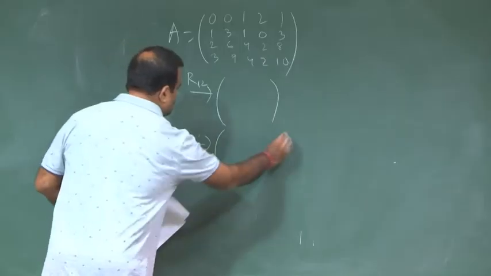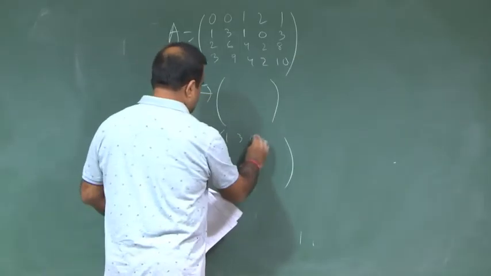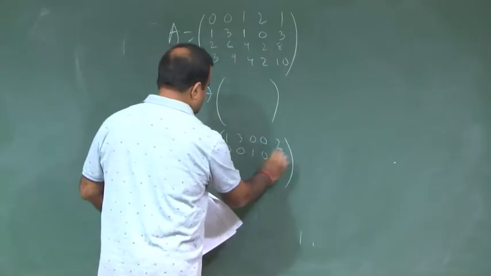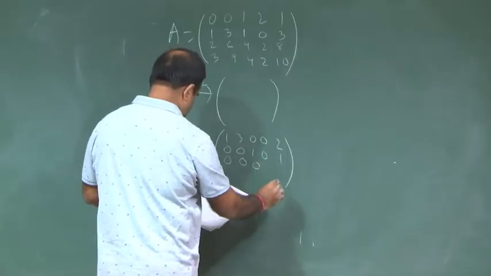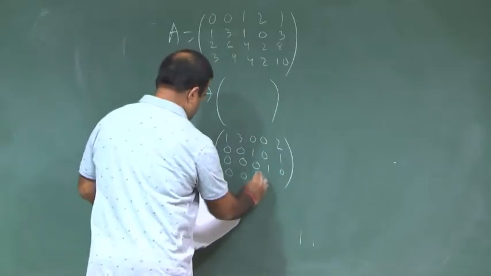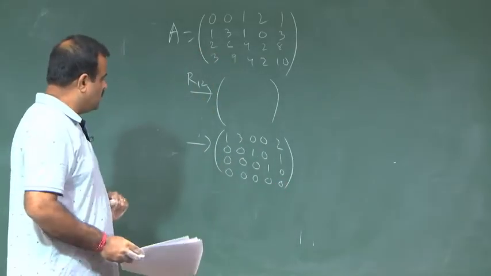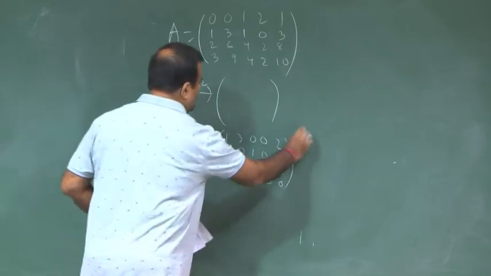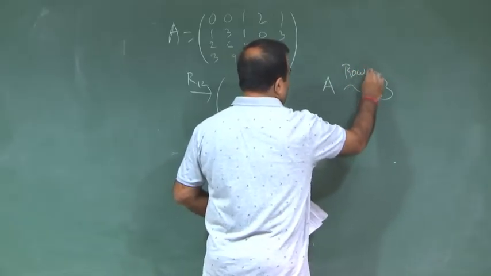So, only by doing row operations we can reach this level: 1 3 0 0 2, 0 0 1 0 1, 0 0 0 1 0, 0 0 0 0 0. Okay. This is the row reduced echelon form, and we get this only by row operations. This is B. So, A is row equivalent to B.